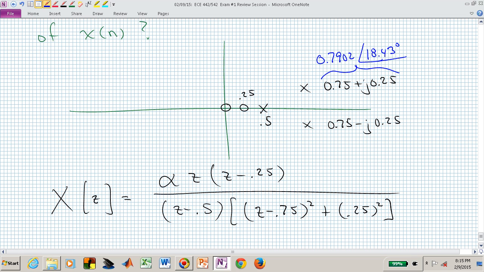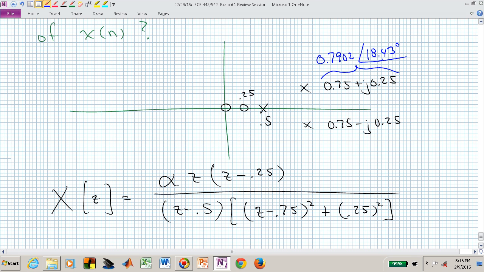Because we're worried about their distance from the origin and how far away can they be from the origin and still be stable. They can't have a magnitude of 1 or more, can they? Or then we will go unbounded, or we'll grow with time. Are these 3 poles stable? Yes. We have 2 poles with a magnitude of 0.79 and another one with a real magnitude of 0.5.